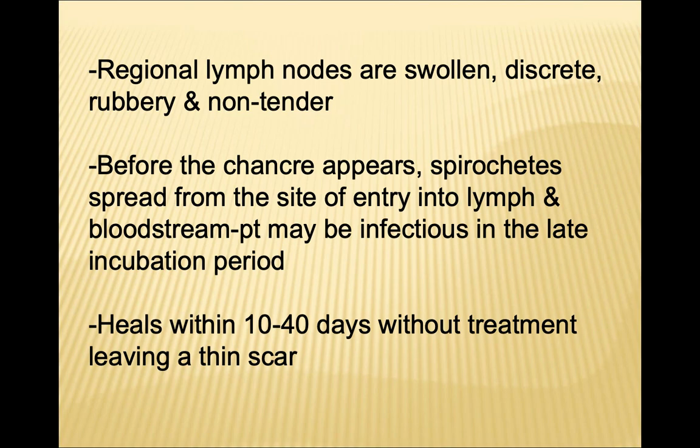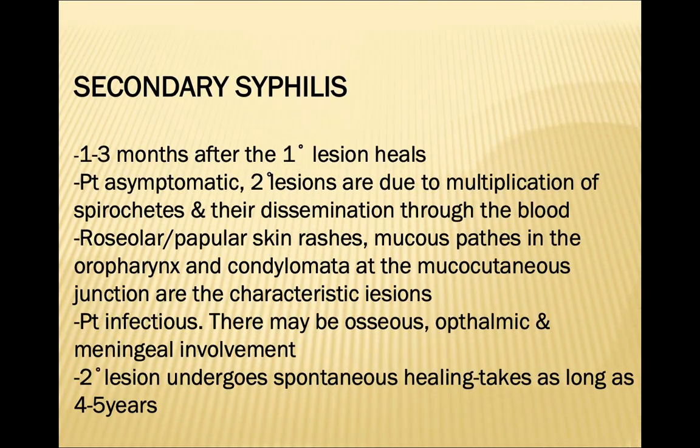Once the chancre heals, the secondary syphilis sets in, which is mainly due to the widespread multiplication of spirochetes and dissemination of these spirochetes through the blood. This takes about 1 to 3 months after the primary lesion has healed.